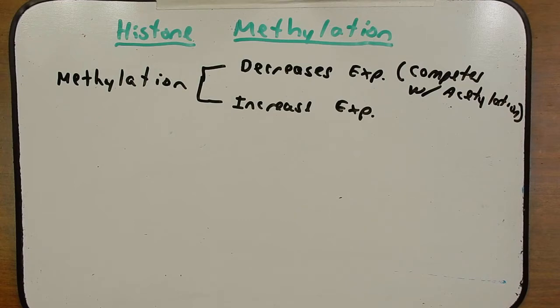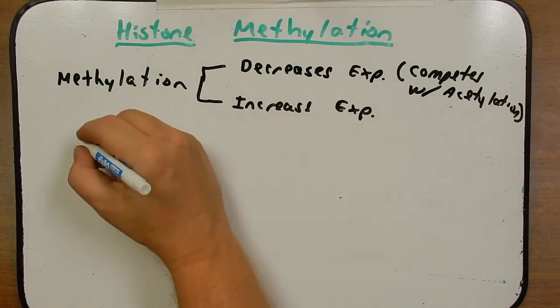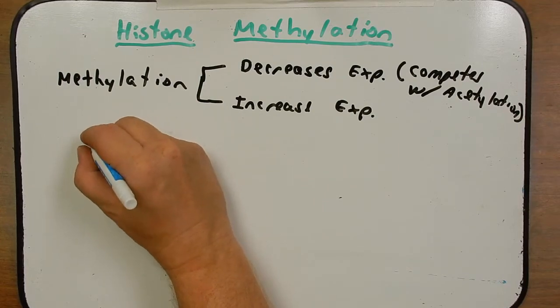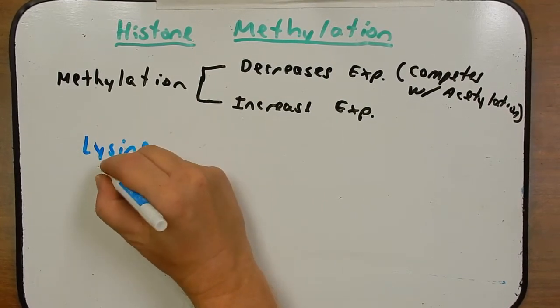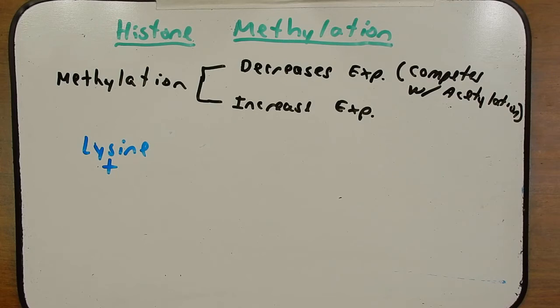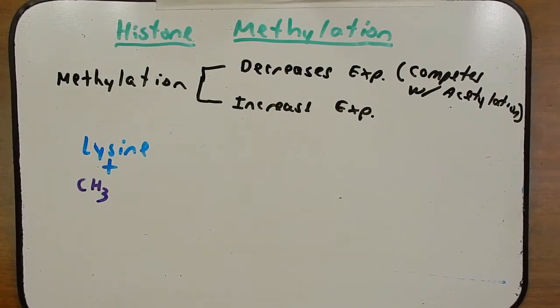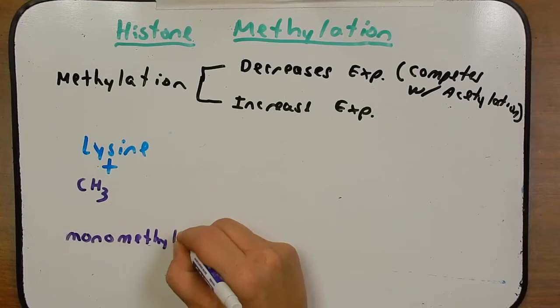So like acetylation, methylation also often occurs on lysine amino acids. So let's write lysine here. And it's a positive charge. And we can add methyl groups to this, and we can add them in a slightly different way. We can either add one methyl group to it, and when we do that, we call it monomethylation.